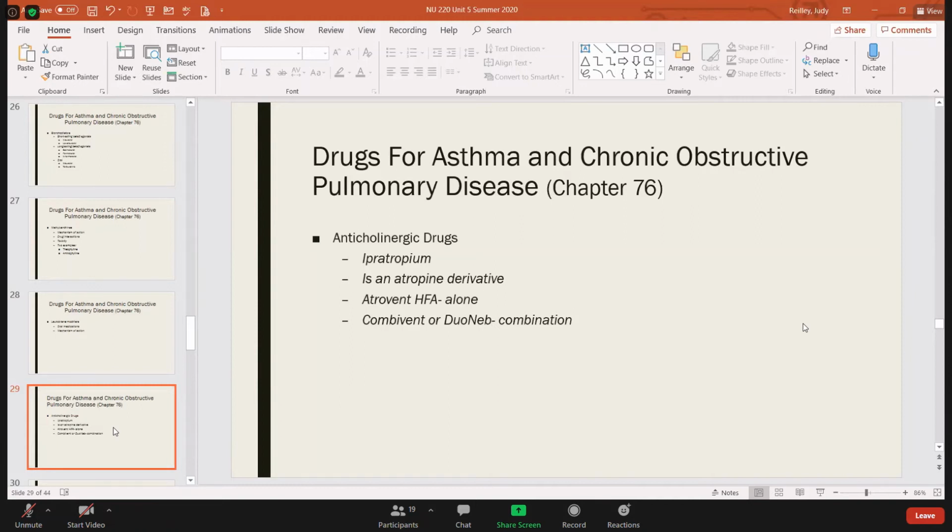It's also known as Atrovent, but you see it in combinations, like in the DuoNeb, which is the nebulizer that patients receive, or in Combivent when it is combined with the albuterol. So this is where you see the combination of albuterol with it. So it's a short acting and kind of a longer acting medication.